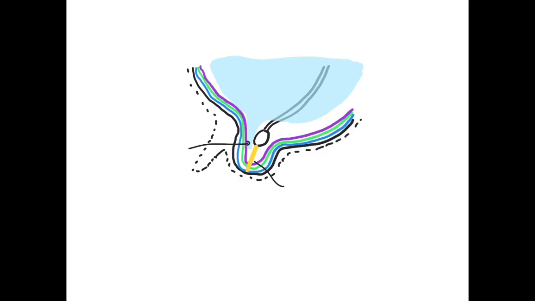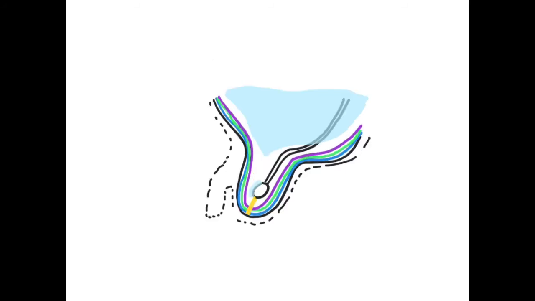We see that these layers, the external oblique, the internal oblique, and the transversalis fascia, start to wrap around the testicle. You get to a point where the testicle, its blood supply and various other structures are more or less surrounded.